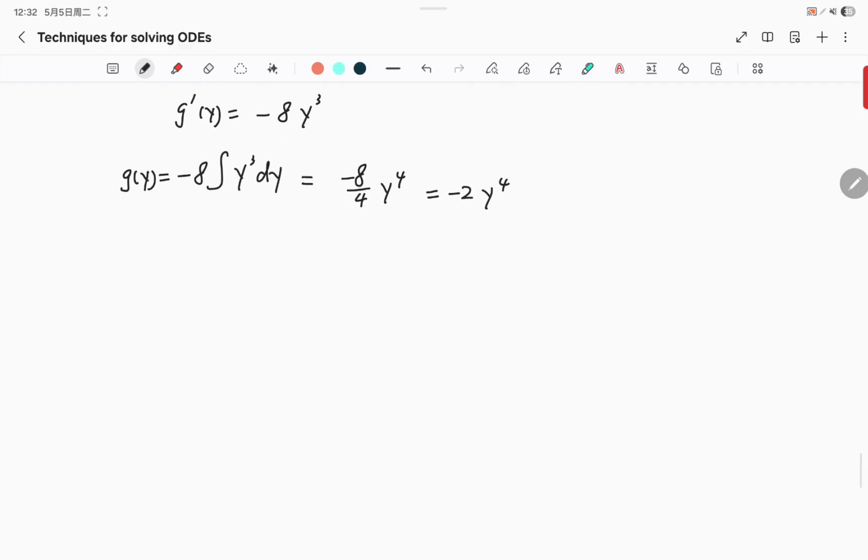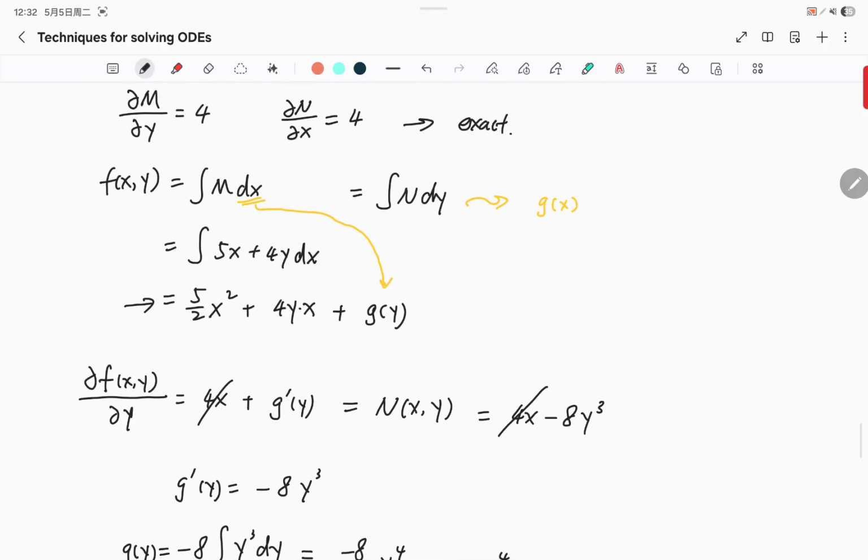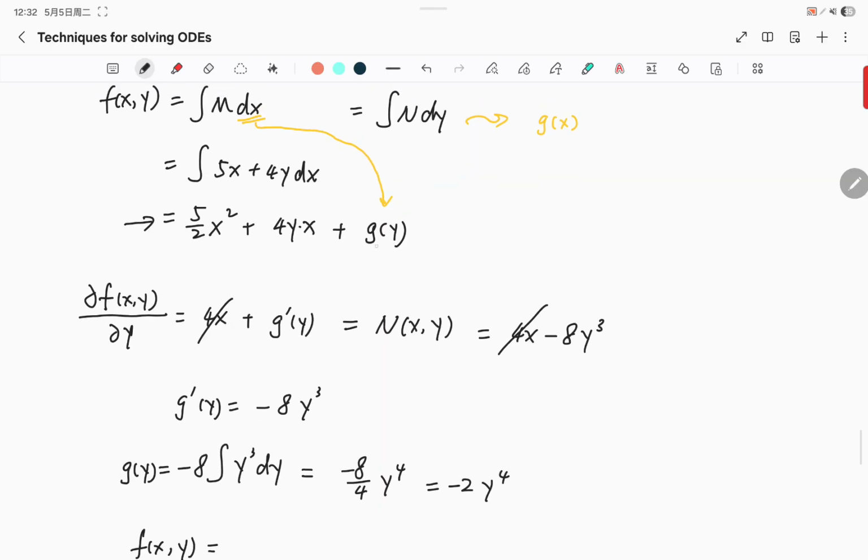There we go. In the end, we don't write y equals blah blah blah. We are allowed to write just f of x, y is equal to this expression, copy it here, and replace g of y with what we just found.